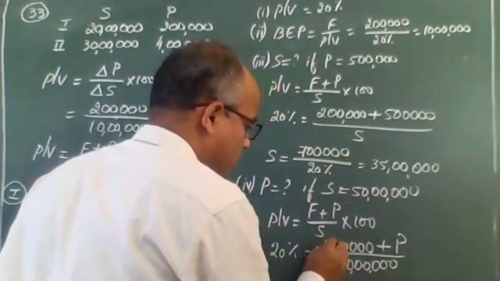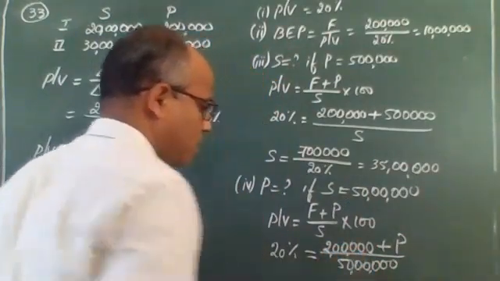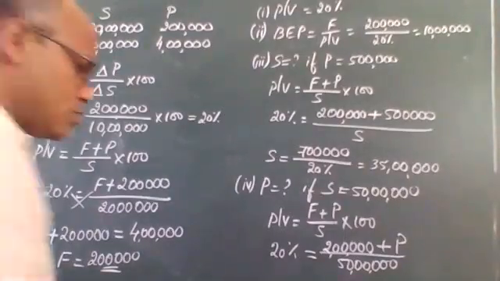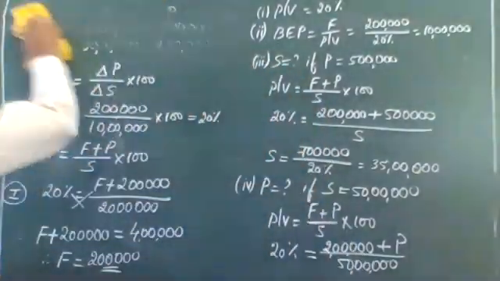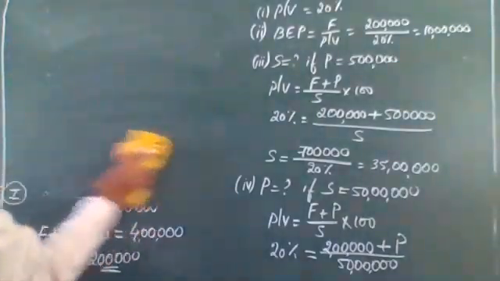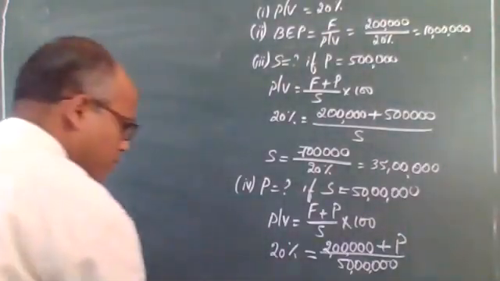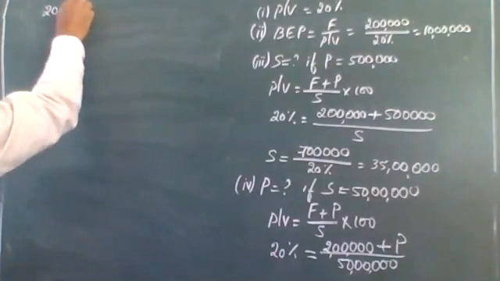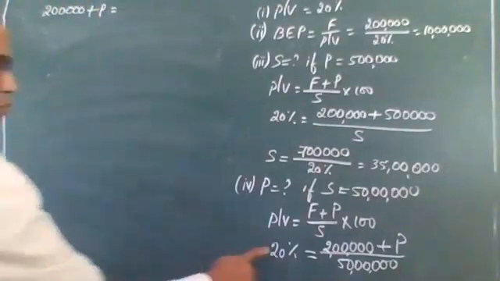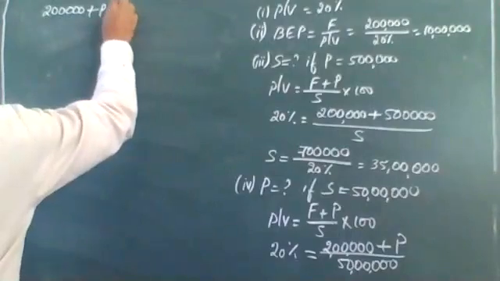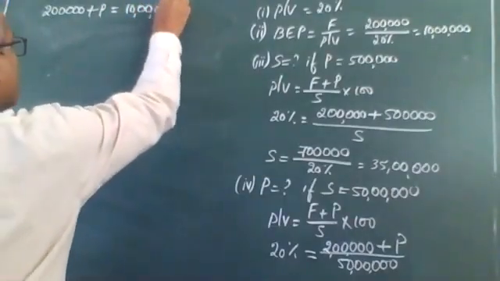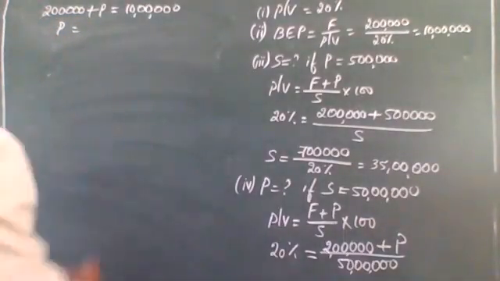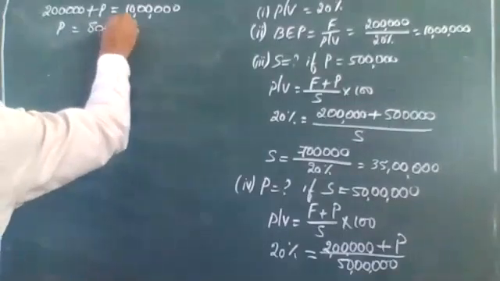So 2 lakhs plus profit divided by 50 lakhs is equal to 20%. Continuing, 2 lakhs plus profit is equal to 20% of 50 lakhs, which is 10 lakhs. So profit is equal to this, and the plus 2 lakhs going the other side becomes minus. So 10 lakhs minus 2 lakhs gives you an answer of 8 lakhs.